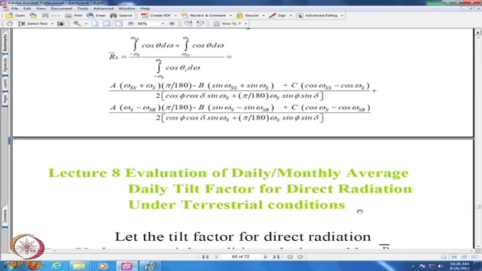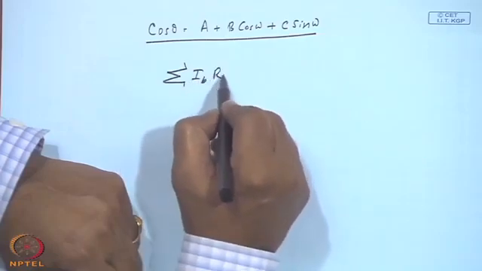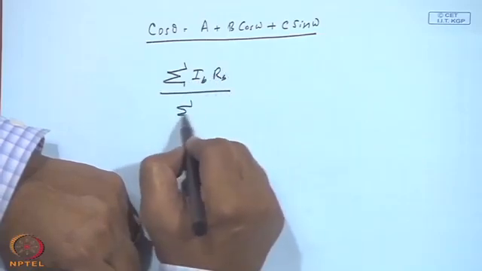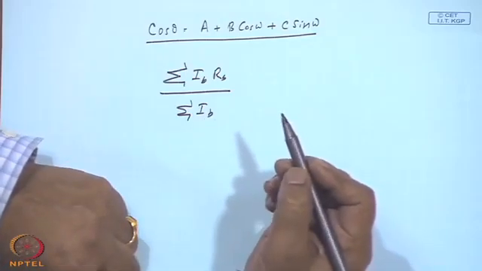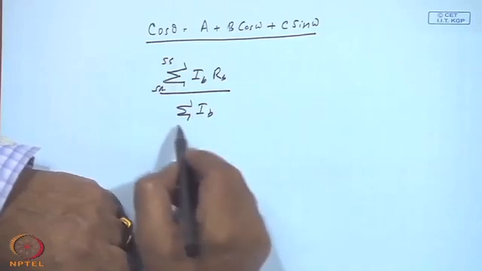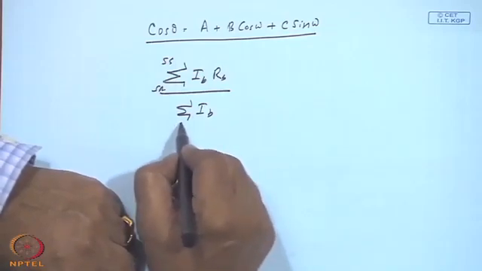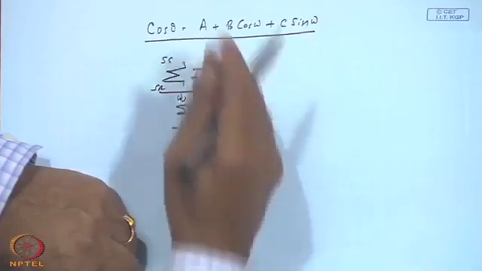Of course, if you have the data, you can always do it as a summation of direct radiation from sunrise to sunset, minus omega s to plus omega s.